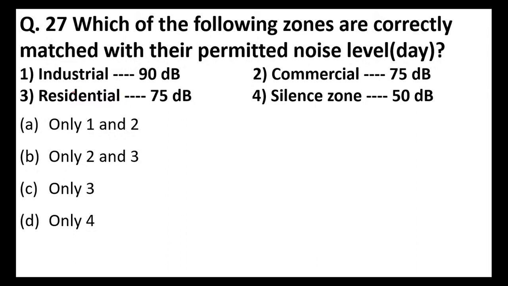Which of the following zones are correctly matched with their limits? Here they have also specified day. So industrial 70 dB, commercial 75, residential 45, and silence zone 50. The options: only 1 and 2, only 2 and 3, only 3, or only 4.